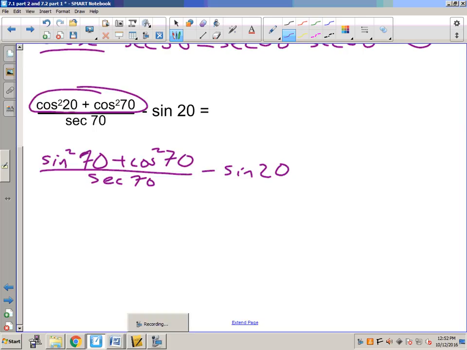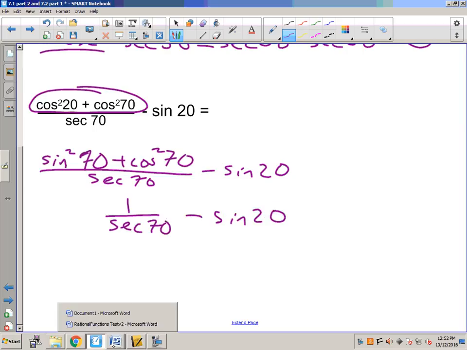And now we've got sine squared plus cosine squared with the same angle, so we could go ahead and change that into a 1. And we know that the reciprocal of secant, 1 over secant, is equal to what? Cosine.